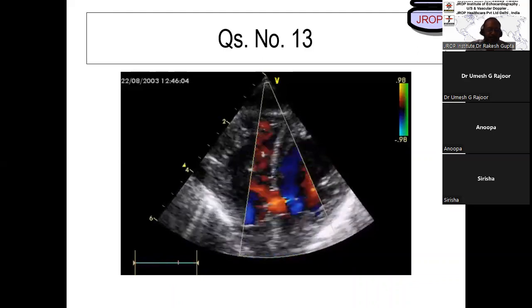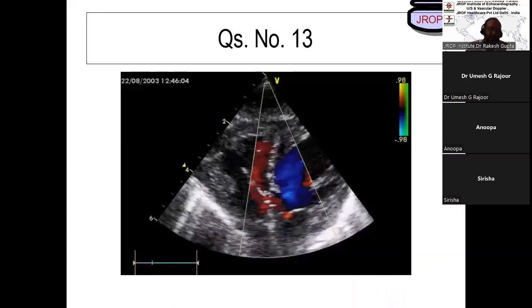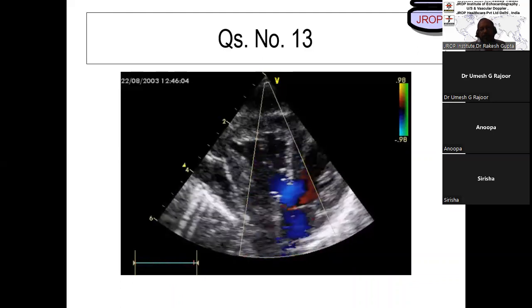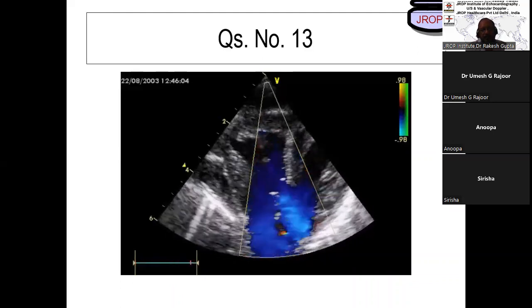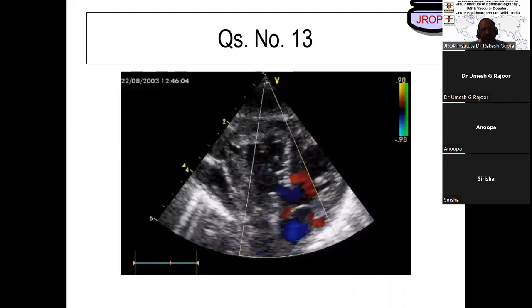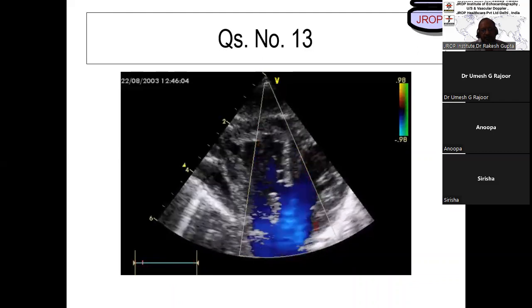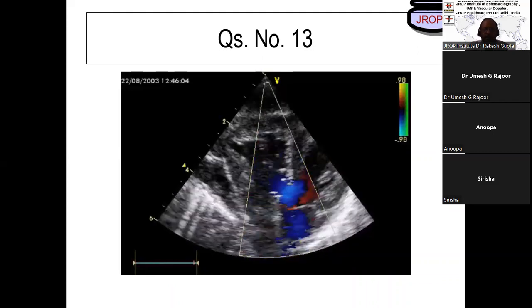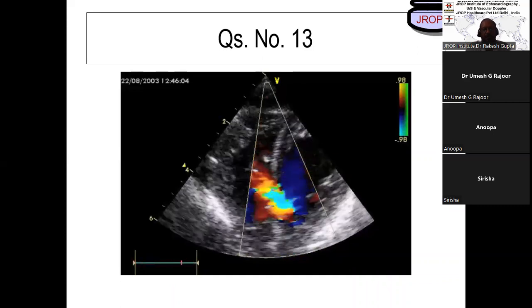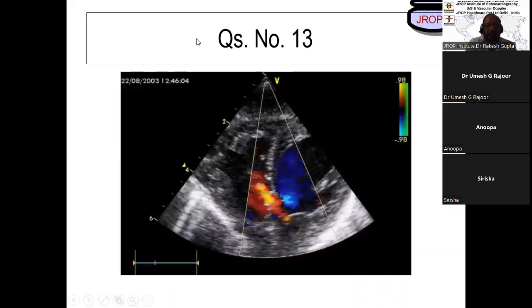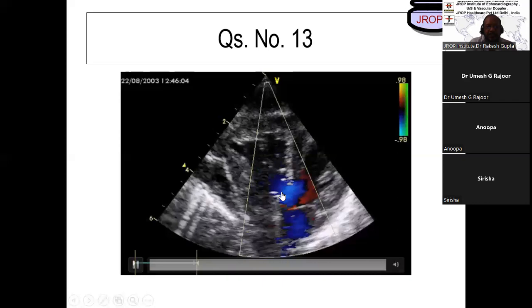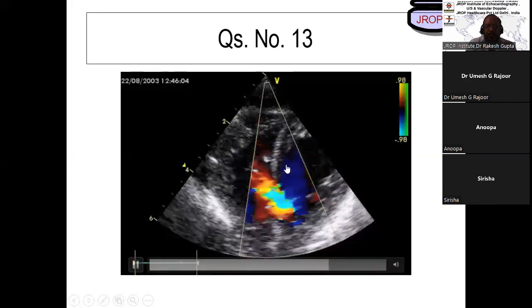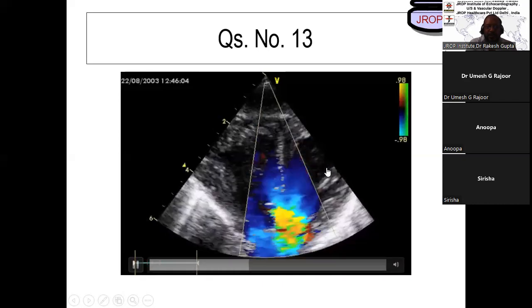It's a little tough question. VSD is there, sir. VSD is there. Good, very good. I really appreciate your time. This is a VSD seen out here. So these are two ventricles. I appreciate. I'll help you out in this.